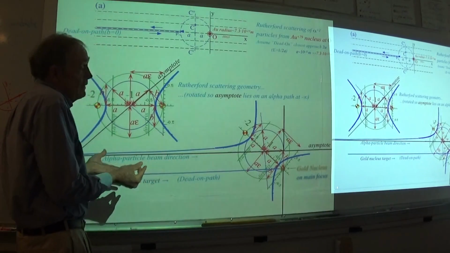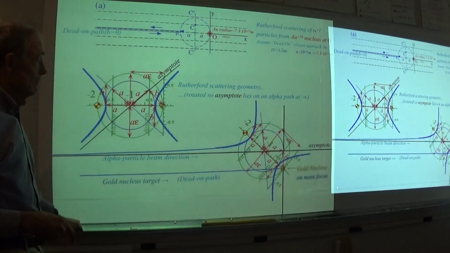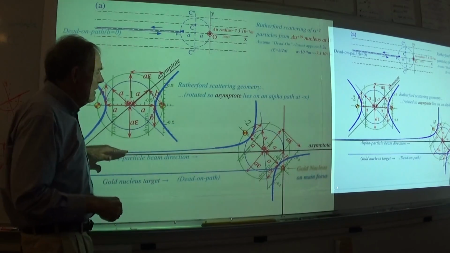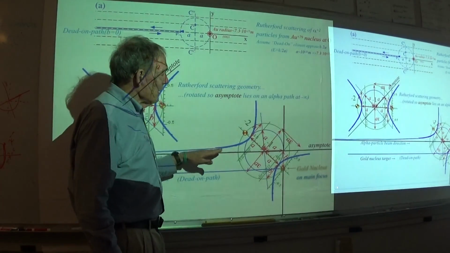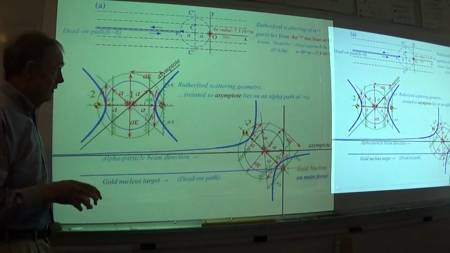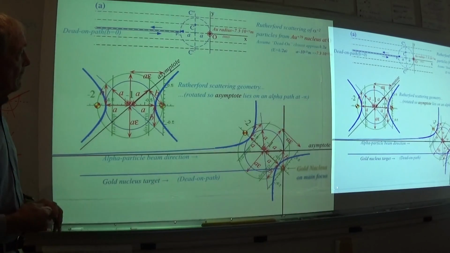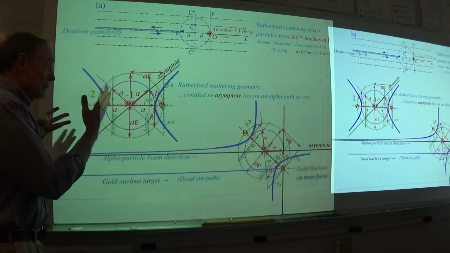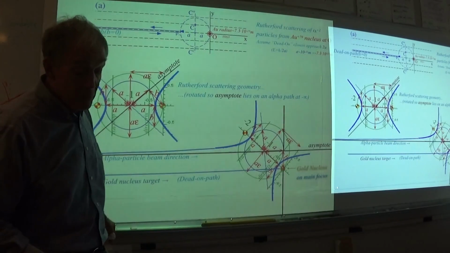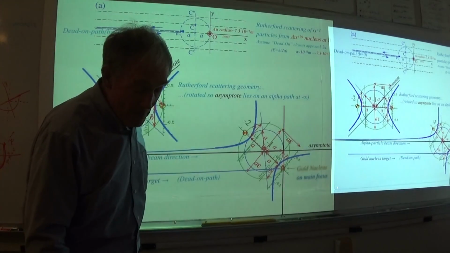And electrons are 2,000 times lighter than a single nucleon, and this is an alpha with 4, so we're not even considering that at all, and that did not register on any of the experiments that Rutherford did. So it's a clean problem. It's a very clean piece of physics that's going on here.